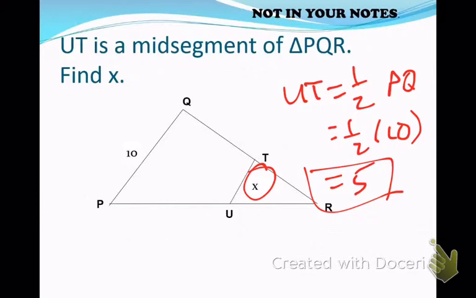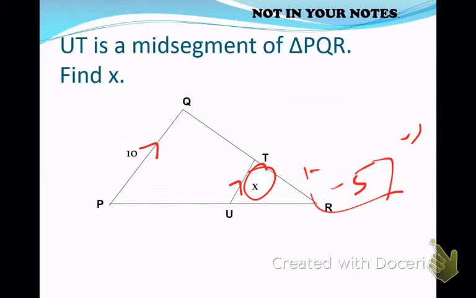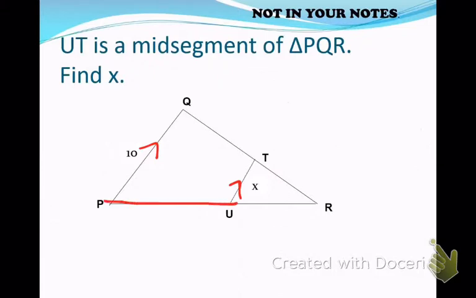Not only that, but we know that UT and PQ are parallel. Now, I want to take a second to go back here, since the word parallel has come up. We've got two parallel segments, and this guy can be viewed as a transversal. If you look at that as a transversal, remember we have angle relationships between parallel lines.